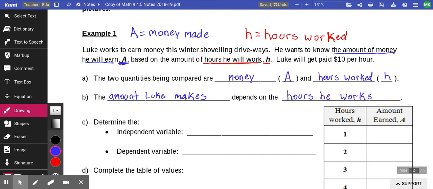So now we have two things that we're doing on every single question. The first thing is we figure out what each letter means. The second thing we do is we figure out which one's dependent, which one's independent, especially with word problems.